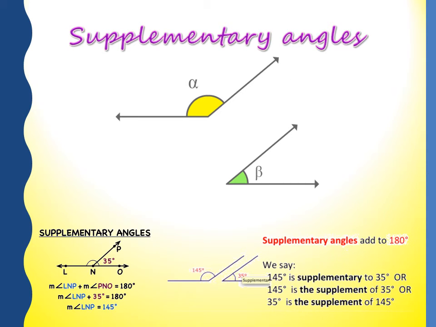And here let's recognize the meaning of supplementary angles. Supplementary angles are angles whose sum is 180 degrees. If I have two angles and their sum equals 180 degrees, then these two angles are supplementary.